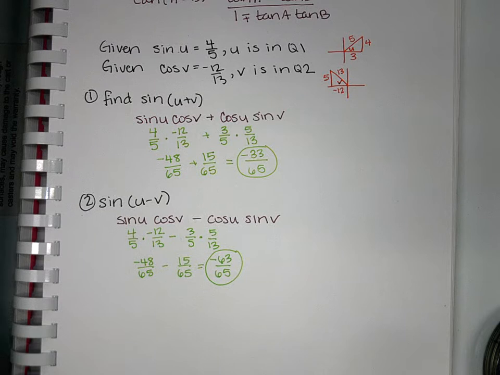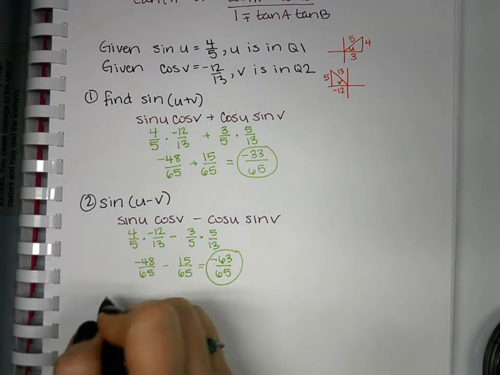Okay, so this is just one of the new ways that we're going to look at using our angle addition. There is one more way that we're going to add to this in using our angle addition laws, and that is how to solve.